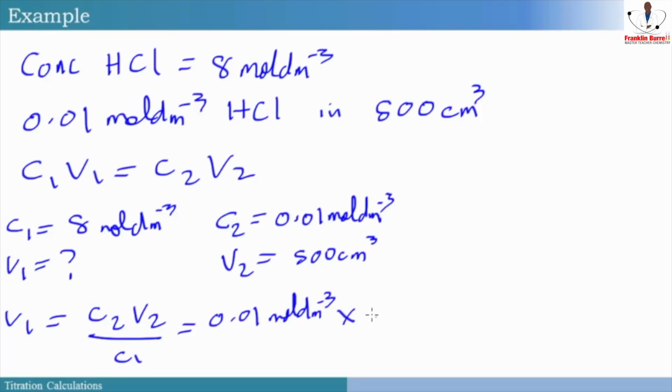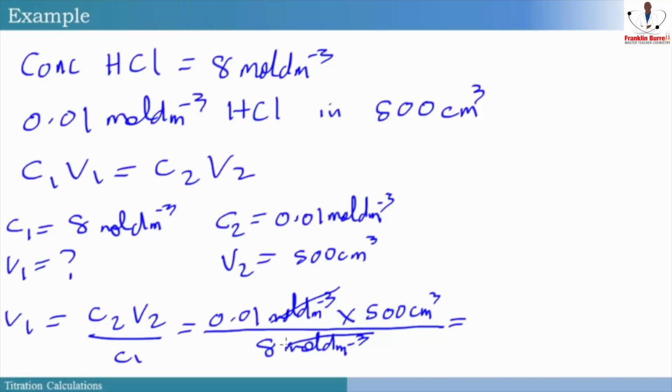Times V2, which is 500 cm cube, divided by C1, which is 8 moles per dm cube. We see here that the units moles per dm cube would cancel out, so our volume will be in cm cube.